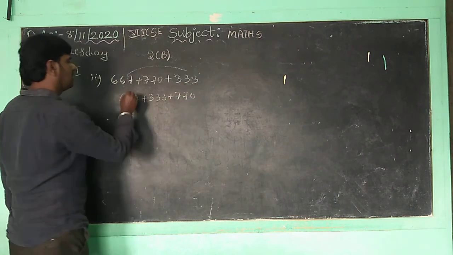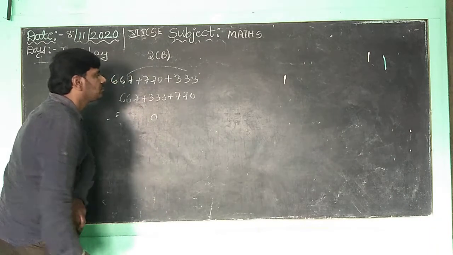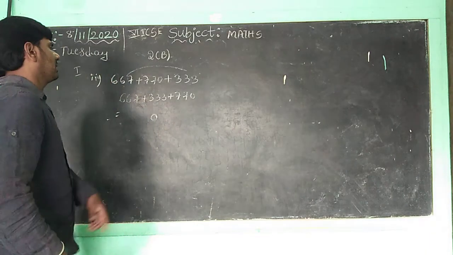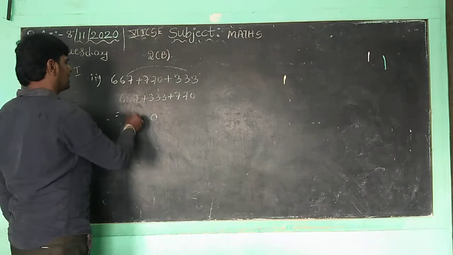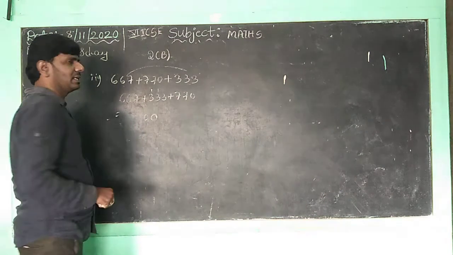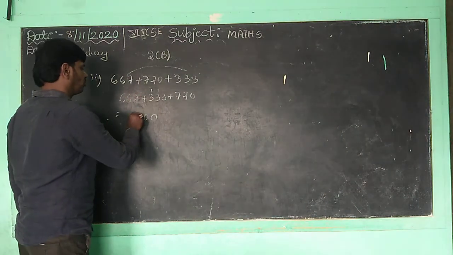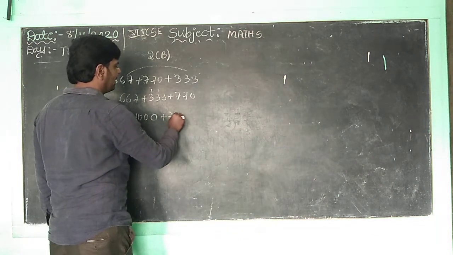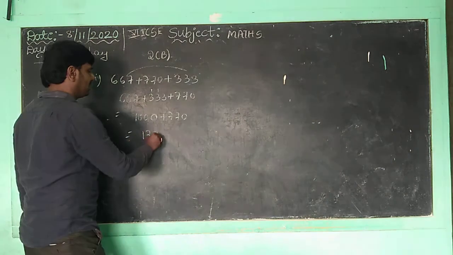You can add this one. 7 plus 3 is 10, children. And carry 1. And 1 plus 3 is 4. 4 plus 6 is 10. So 1000 plus 770, you can add, means 1770.